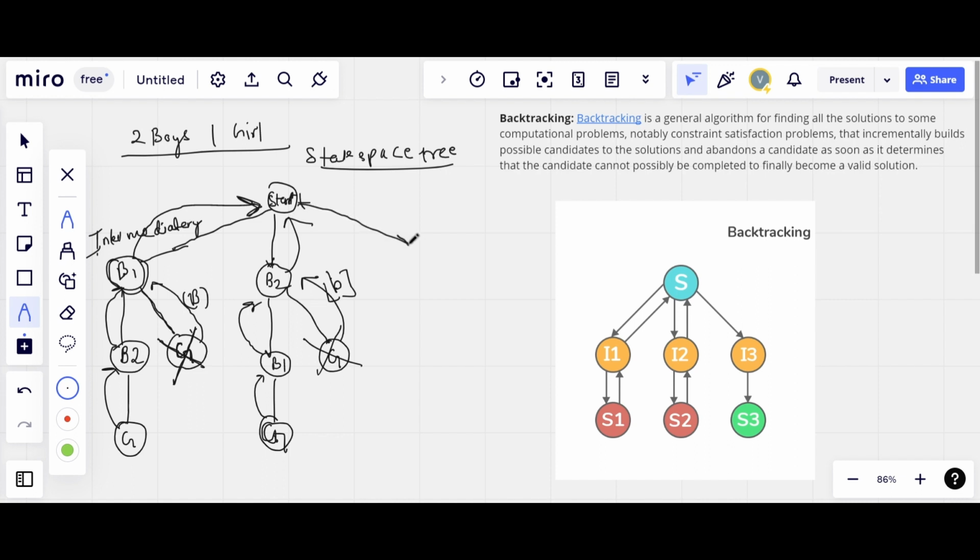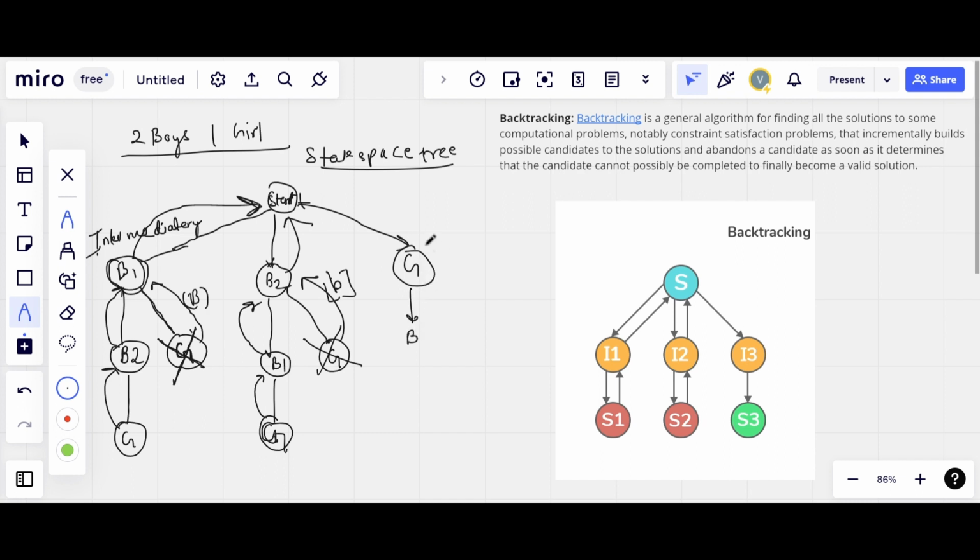Now at start, we'll explore the other path to add the other solutions to our possible solutions list. So that means the girl can sit first.